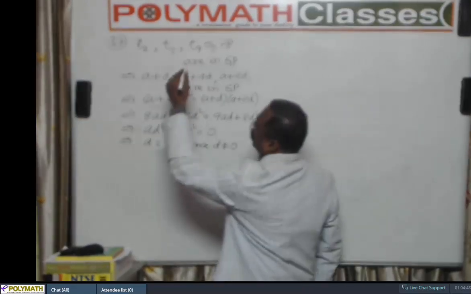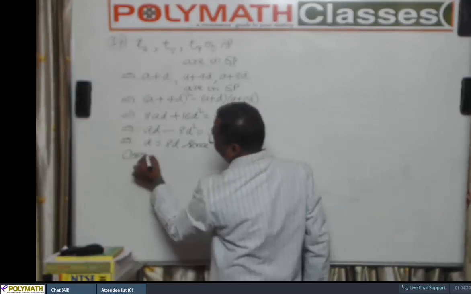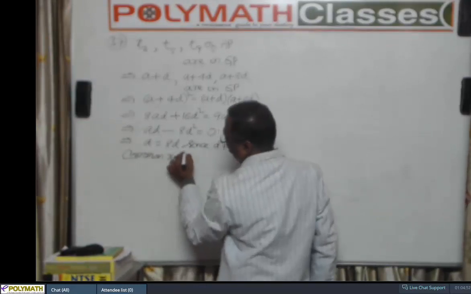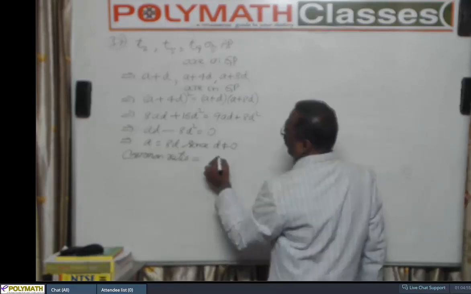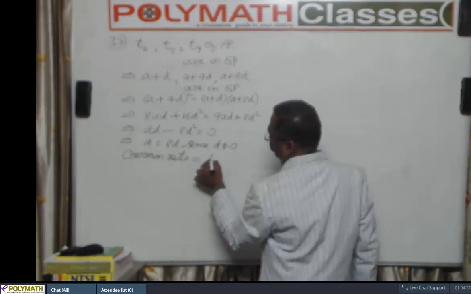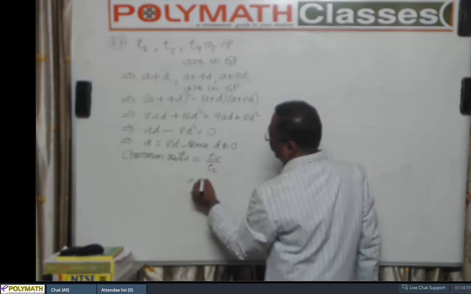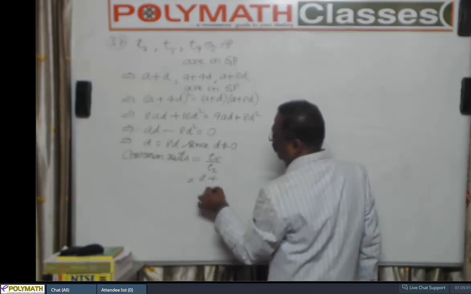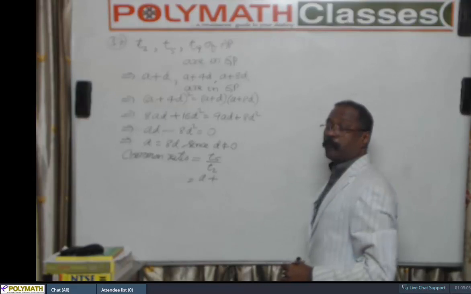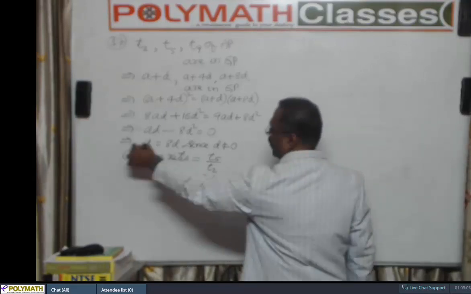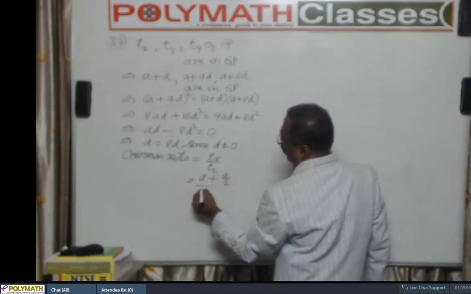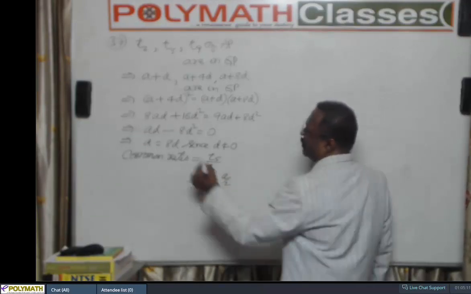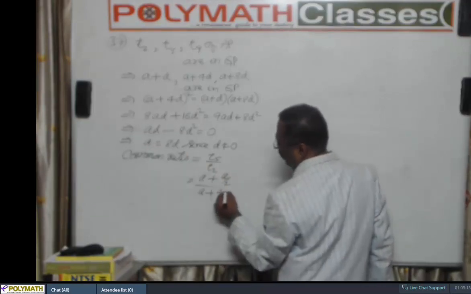Now, common ratio we need. Common ratio is equal to T5 by T2. T5 by T2 is nothing but A plus 4D, where 4D is nothing but A by 2, over A plus D, where D is nothing but A by 8.